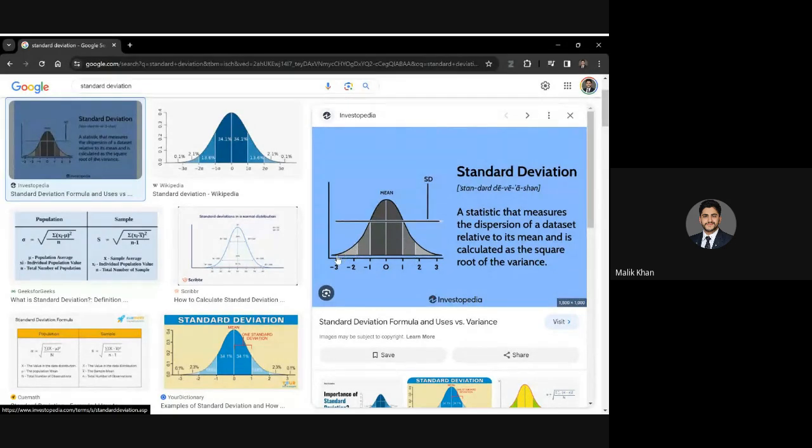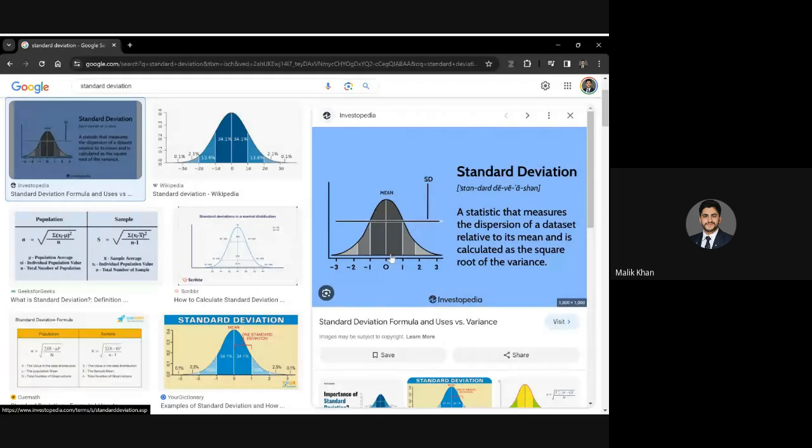And 99% of the data lies in between three standard deviations of the mean. For a normal distribution, 68% of the data are within one standard deviation, 95% are within two standard deviations, and 99.7%, or to be precise, 99% of the data lies in between three standard deviations, right?